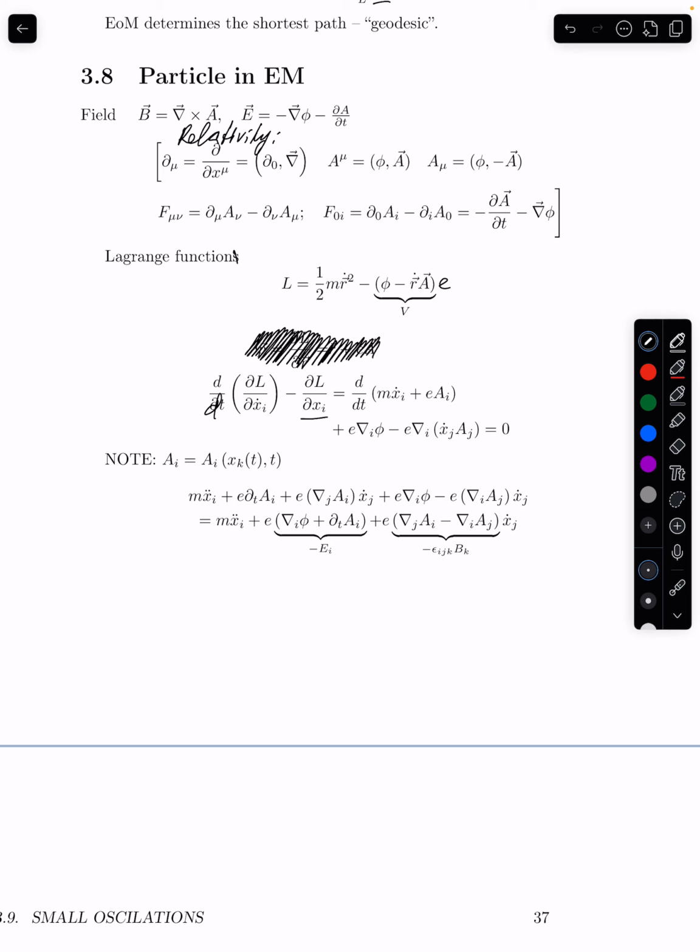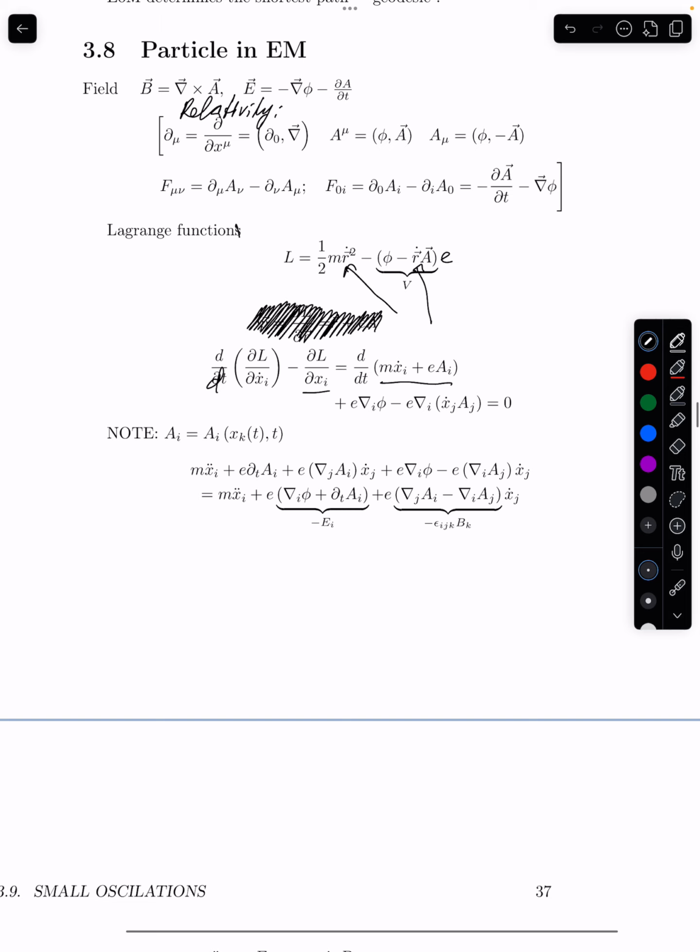Like the first term, d/dt, we get this contribution from dL/dx_i dot. Don't forget, we have x_i entering here, x_i dot entering here, both of them contribute.